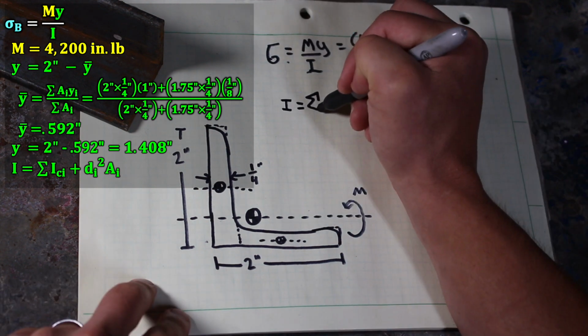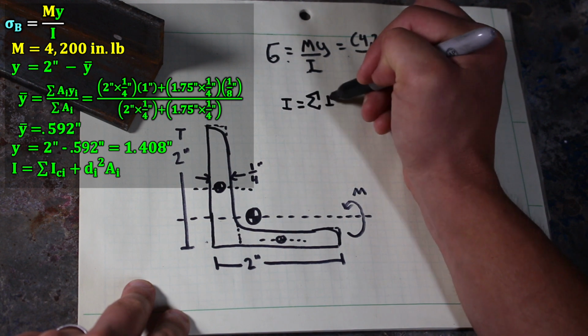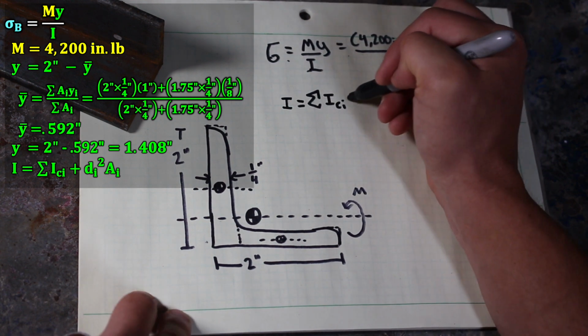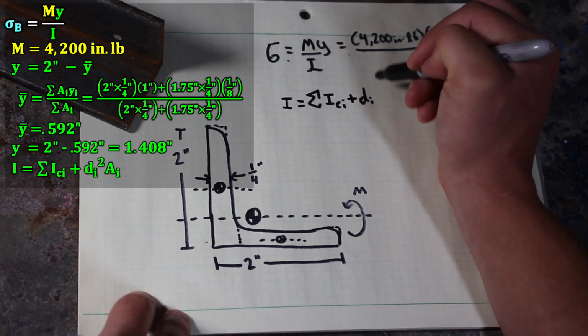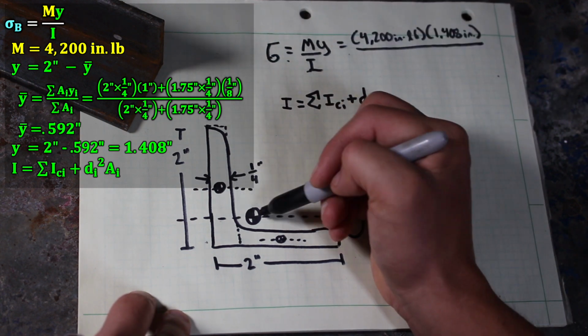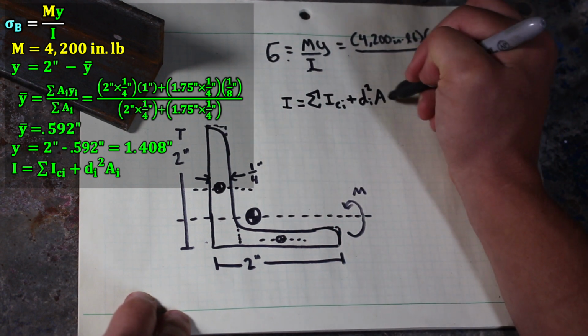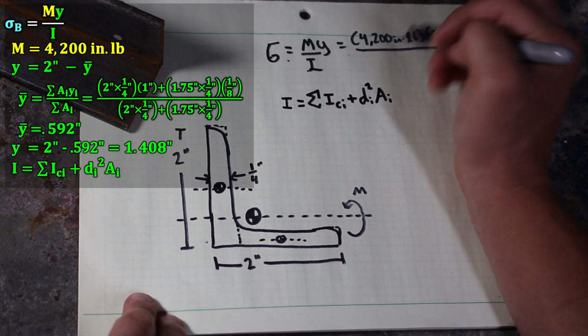So the equation for I then is the moment of inertia about each individual centroid plus the distance from the individual centroid to the overall centroid squared multiplied by the area of that subshape that we're analyzing, and then you add them all up.